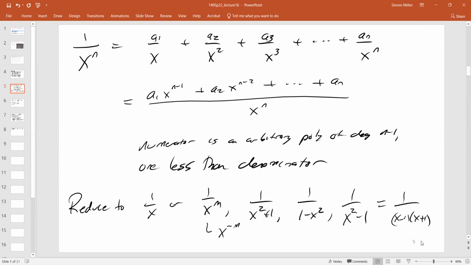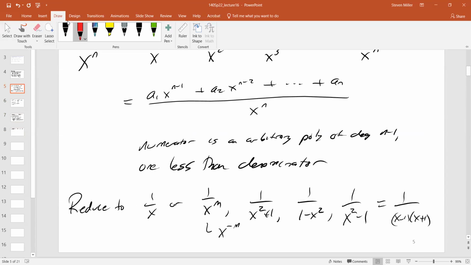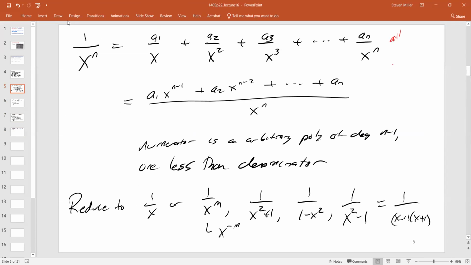If I have 1 over x to the n, I write it out. I have x squared, x cubed, x to the n. All base polynomials are x and of degree 1. So numerators are constant.